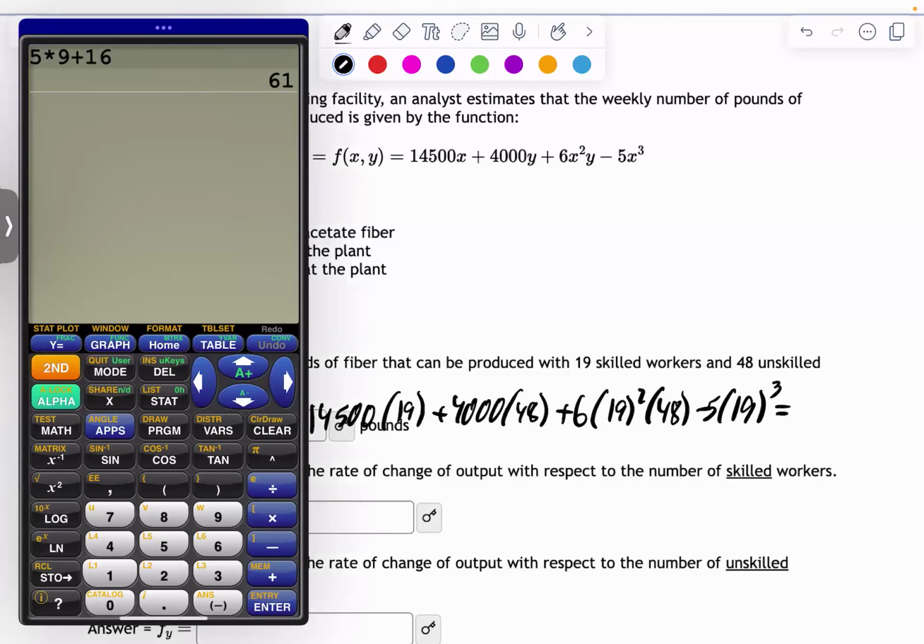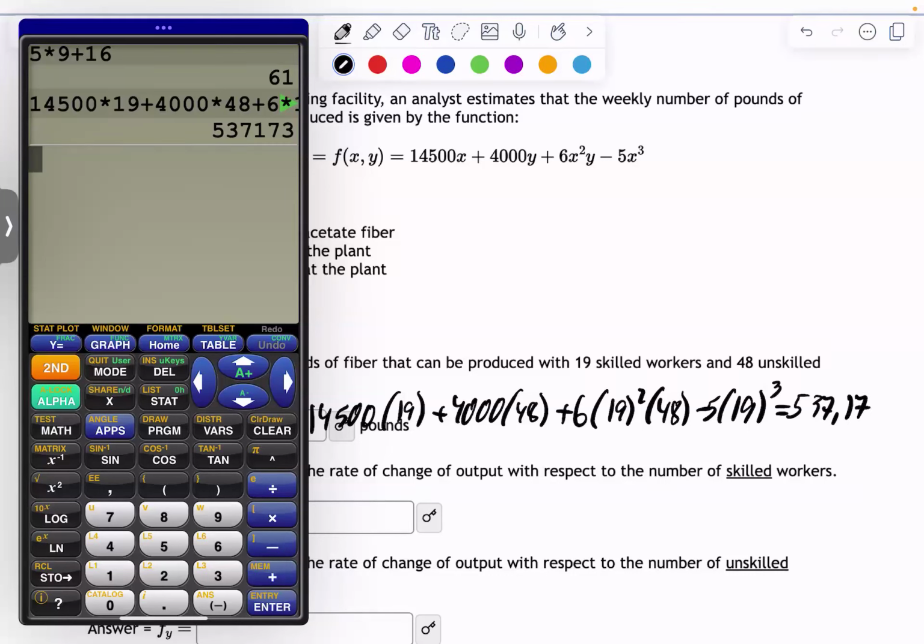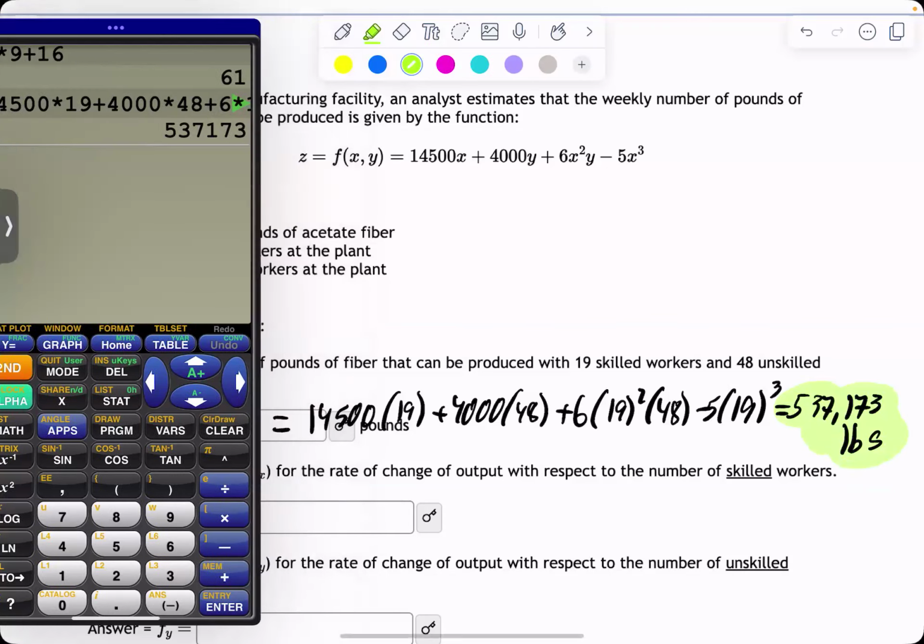Let's see what we get. 14,500 times 19 plus 4,000 times 48 plus 6 times 19 squared times 48 minus 5 times 19 cubed. That's going to be about 537,173 pounds of acetate fibers.